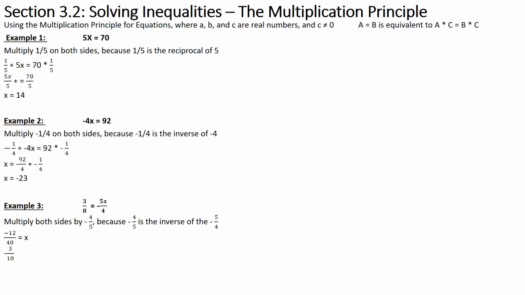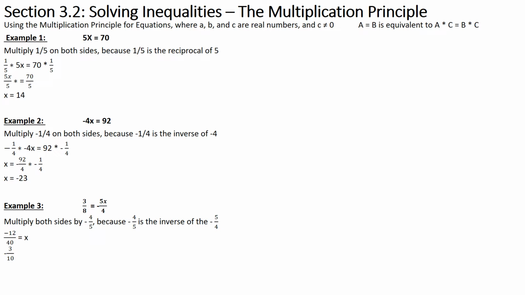Similar to the addition, we have the multiplication principle. Now this is where, we did the inverses before, now we're going to use the reciprocal. I don't have an x here, I have a 5x in example 1. 5x equals 70. I'm going to multiply both sides by 1/5 because 1/5 is the reciprocal of 5.